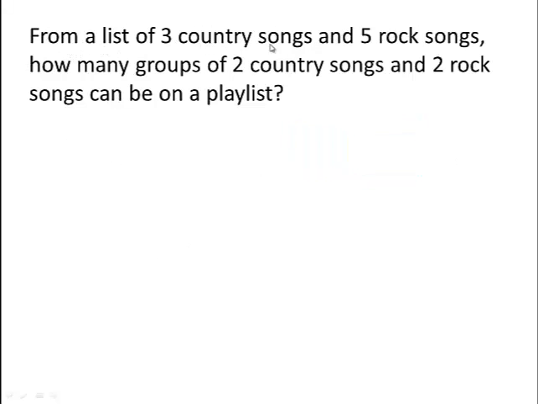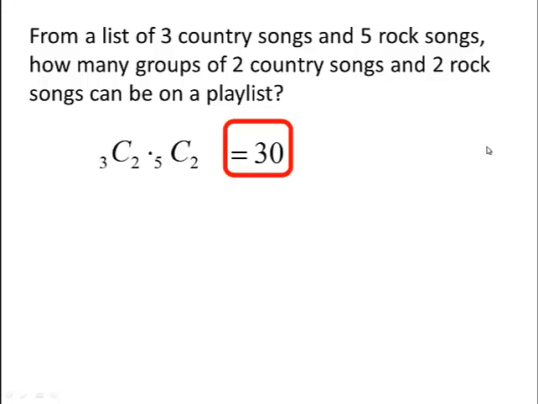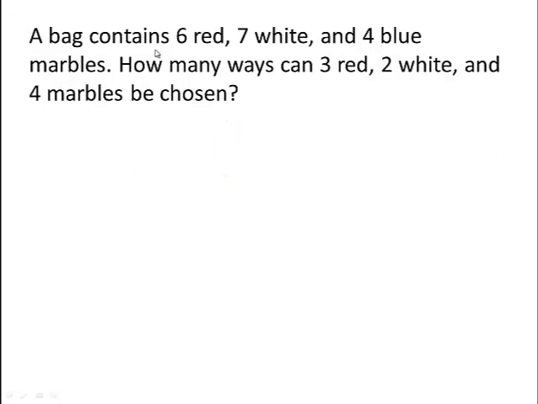From a list of 3 country songs and 5 rock songs, how many groups of 2 country songs and 2 rock songs can be on a playlist? That'll be 3 choose 2 times 5 choose 2, which is 30. A bag of 6 red marbles, 7 white marbles, and 4 blue marbles.